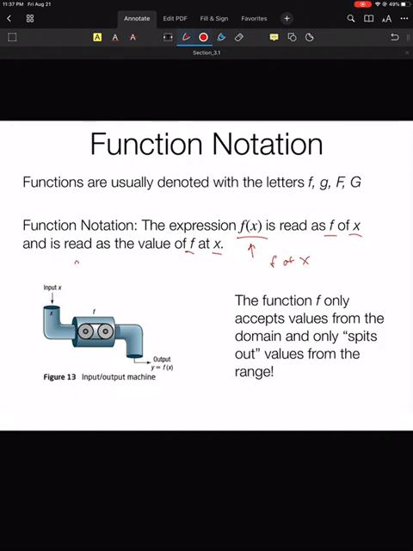So what does that mean? If I write f of x is equal to 2x plus 4, and then I say let x equal 2, I substitute 2 in for the x, and I also substitute that 2 over here, and I get f of 2 equals 8.